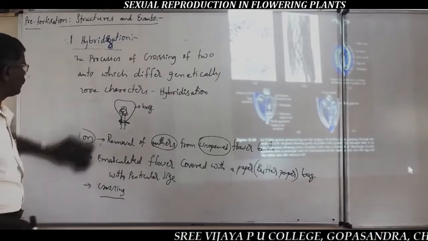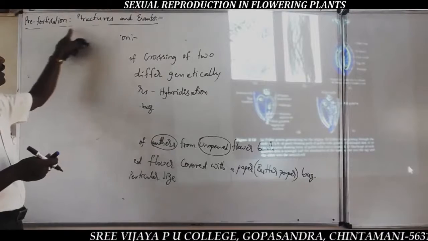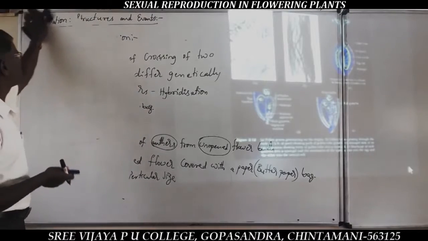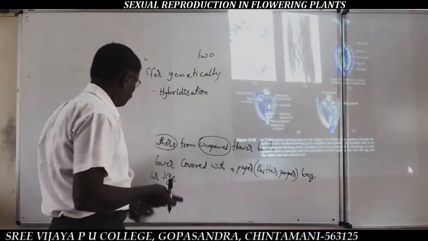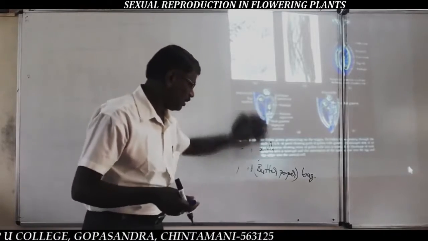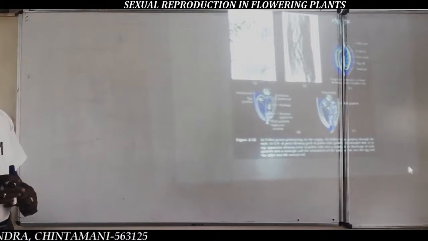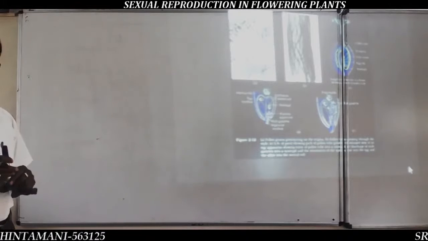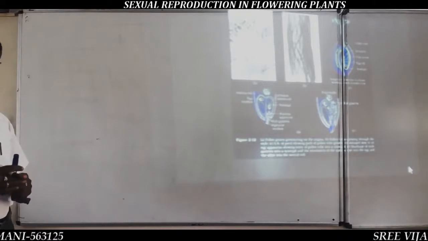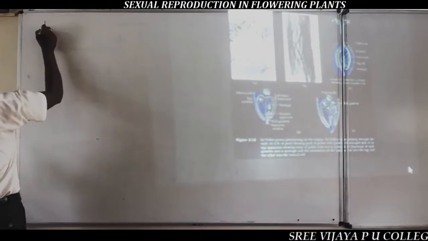These all belong to pre-fertilization structures and events. In this chapter we discuss pre-fertilization, fertilization or double fertilization, and post-fertilization structures. We completed pre-fertilization structures and events. Next is double fertilization.